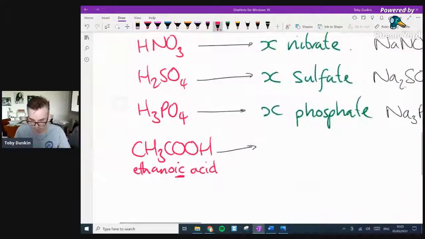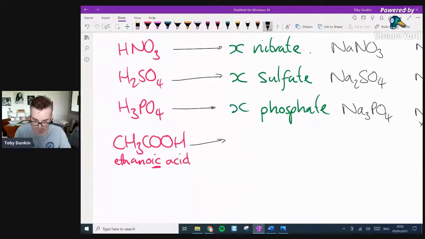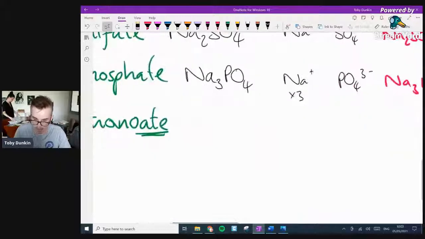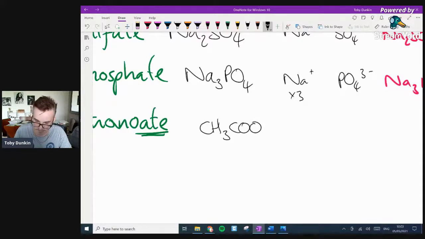Next one. Now, this one's kind of important because it's new to you guys, because you haven't done organic yet. So this one is going to be X ethanoate. Ethanoate. I know it's horrible. I apologize. This would be sodium ethanoate. And yes, it's very odd.